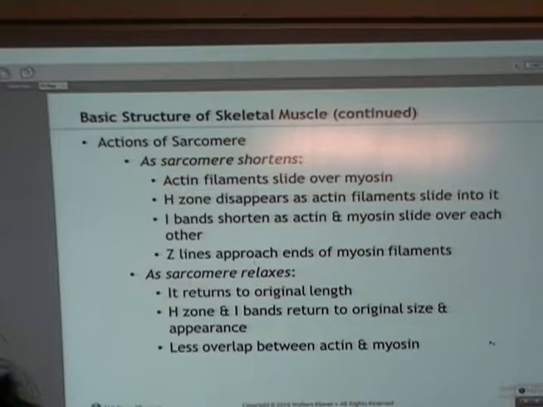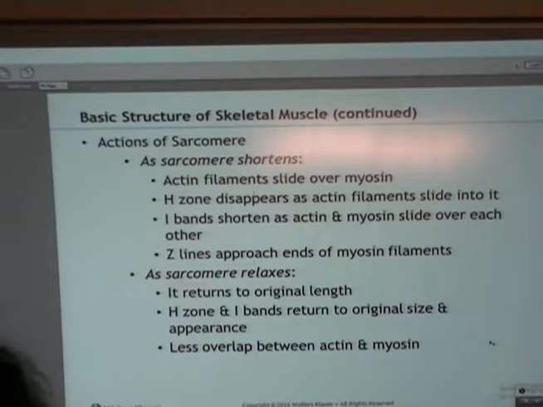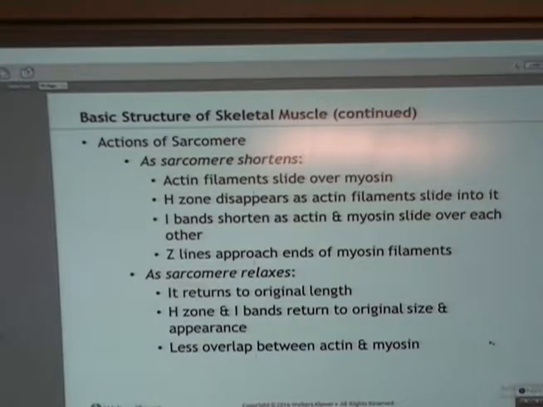All right, so you need to keep that previous picture in your head, okay? The other three proteins are non-contractile. That's why I don't really want to spend time talking about them. But they do help to add structure to the sarcomere, okay?